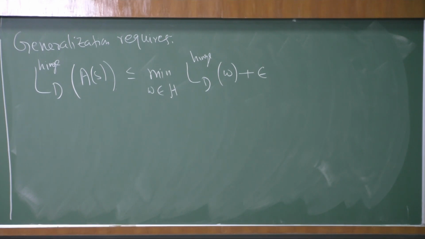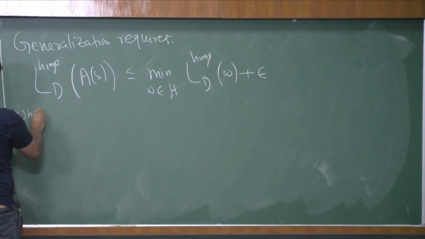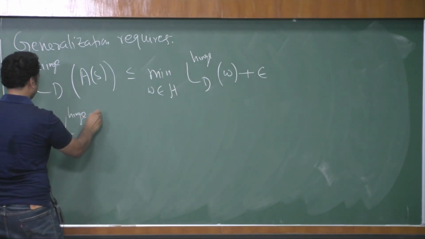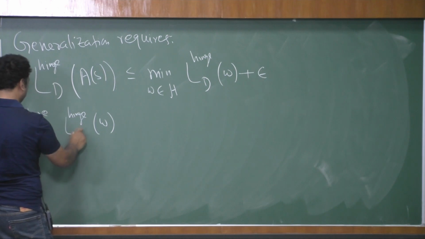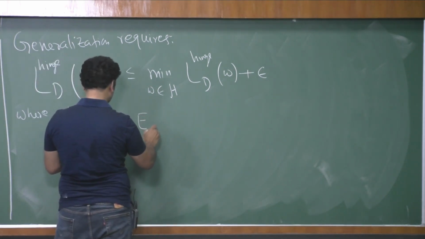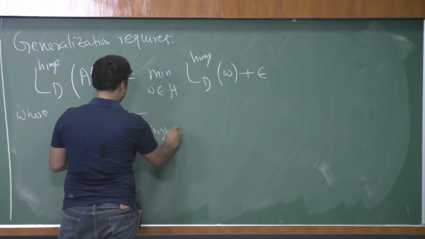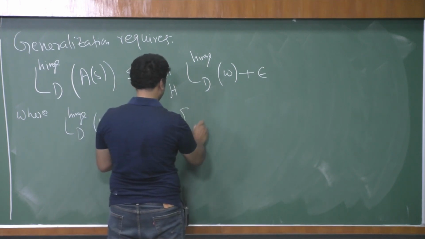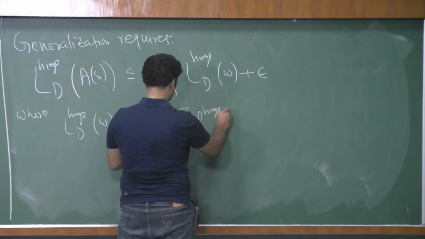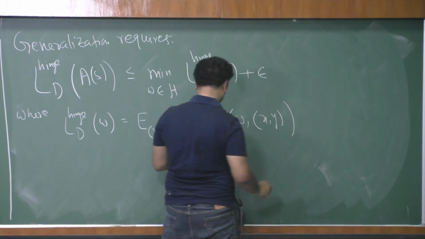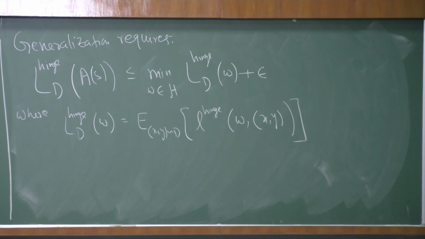And where L hinge of W for the distribution D is the expectation over x, y from D of L hinge W, x, y, where the loss is defined in that way.